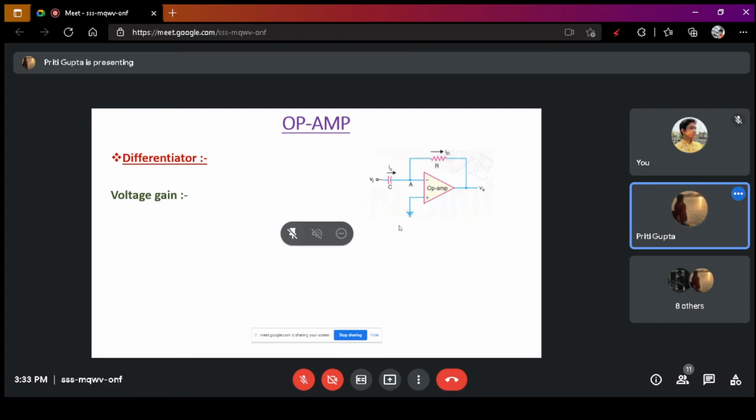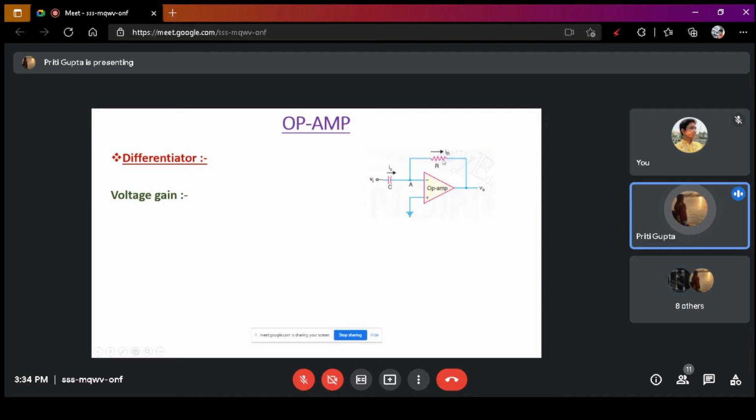It consists of an op-amp, an input capacitor capital C, and feedback resistor capital R. Okay, so just integrator থেকে একটা জায়গাতেই different.